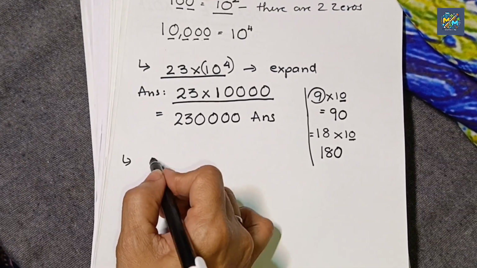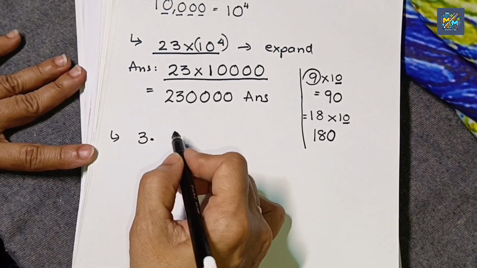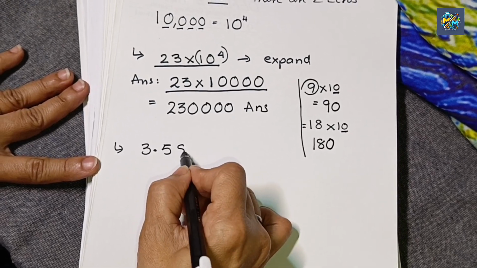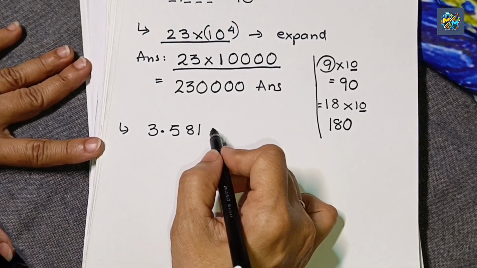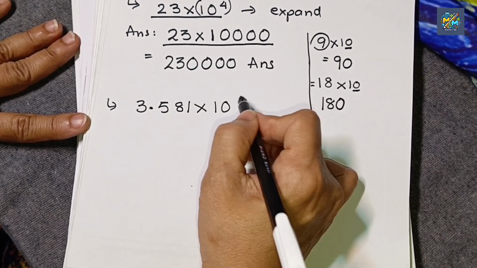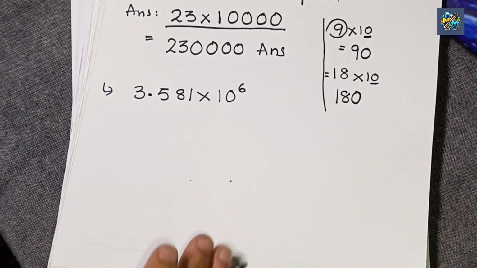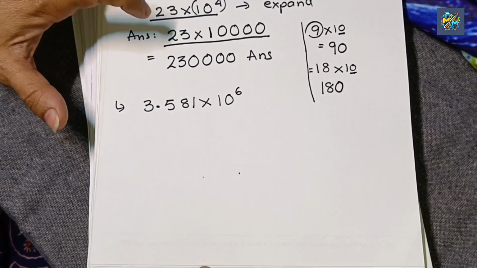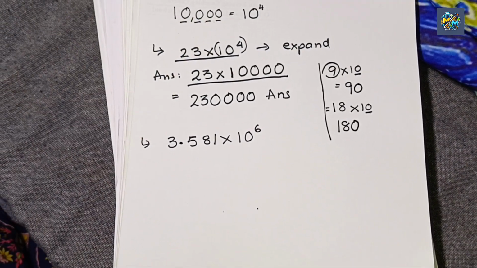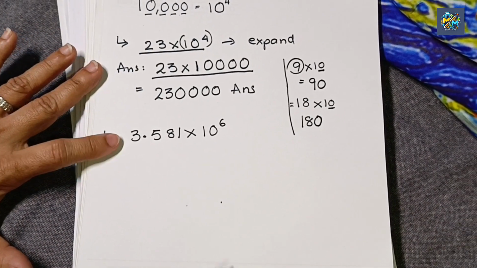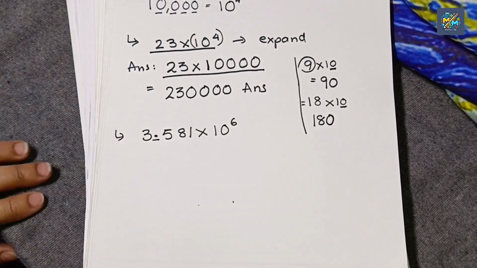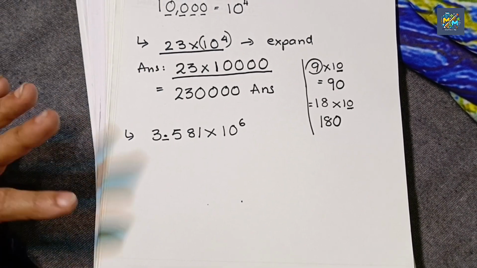Now here there is one more sum, and that is 3.581 multiplied by 10 raised to 6. The previous sum was very simple, there wasn't any decimal, but here we can see there is a decimal. So no need to worry, it is a very simple step.